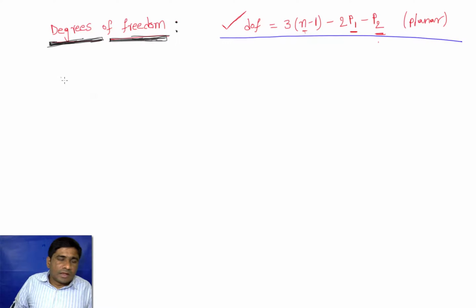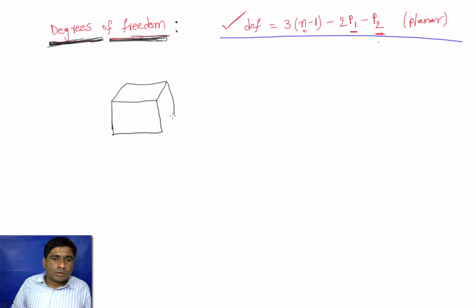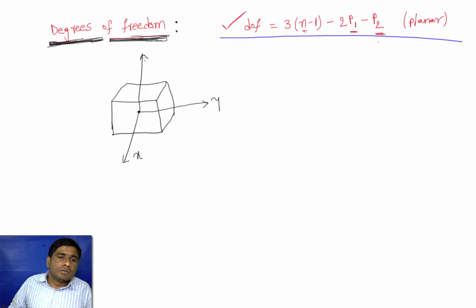First, I will consider a body in space, or a three-dimensional coordinate system. This is a body, and at the center of the body, this is the y-axis, and this is the x-axis, and this is the z-axis.